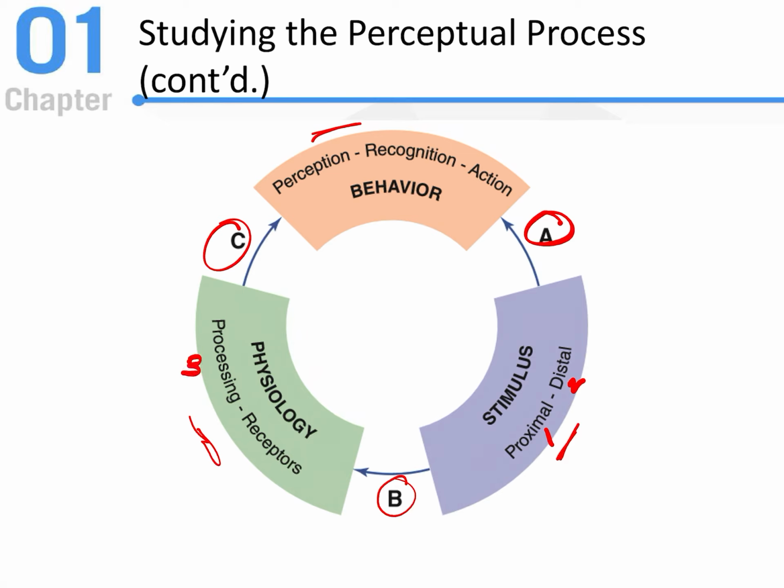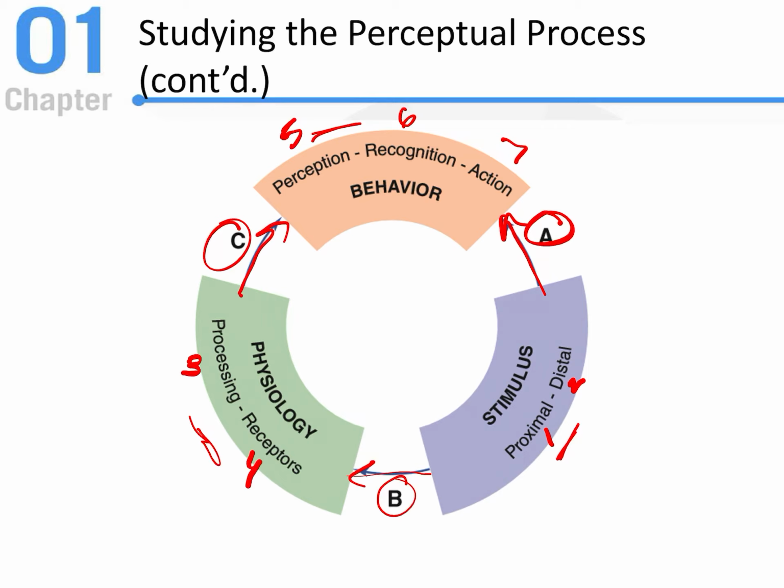Physiology is broken down into step 3 for processing and step 4 for receptors. And the behavioral responses, which are perception, recognition, and action or behavior, are broken into the behavior category. These relationships are going to study the interaction between all of these steps together. This is a visual way to break this down.